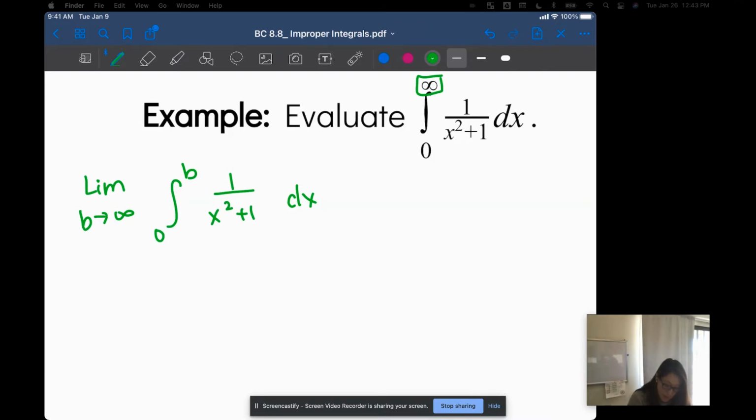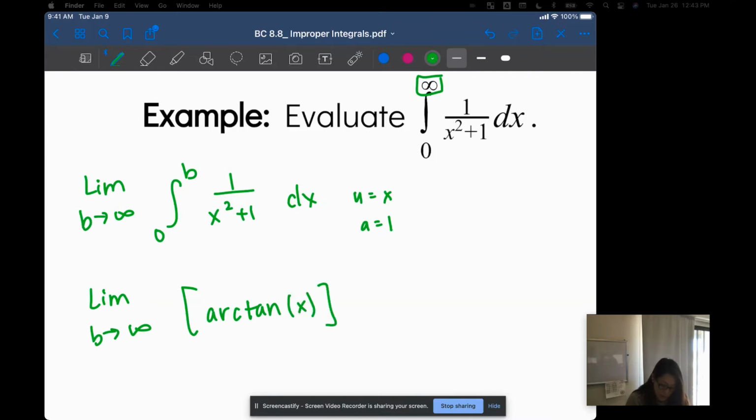So my u is equal to x, and my a is equal to 1. So the limit as b goes to infinity of arctan of x over a, or u over a, which is x over 1, so of x, evaluated from 0 to b.